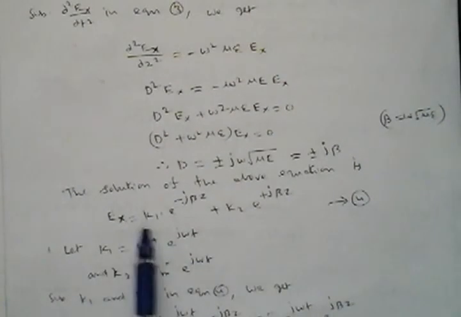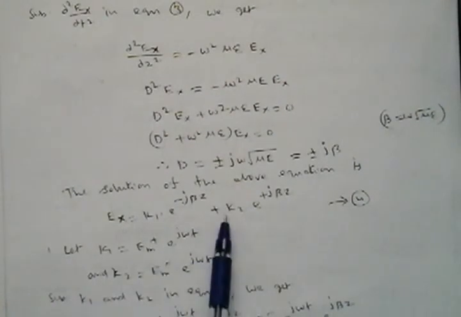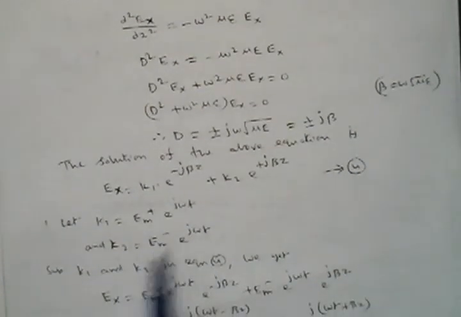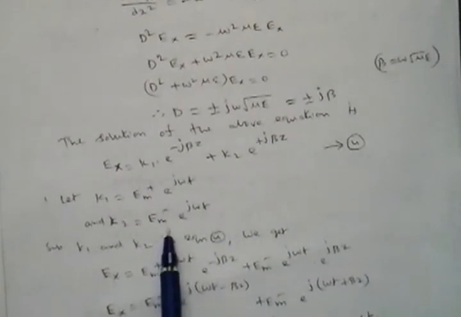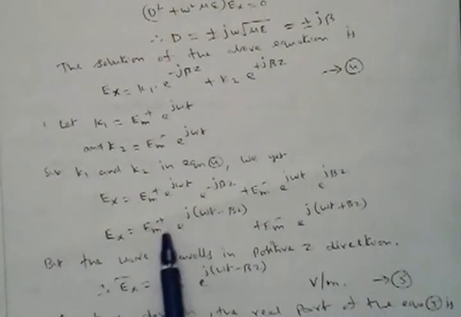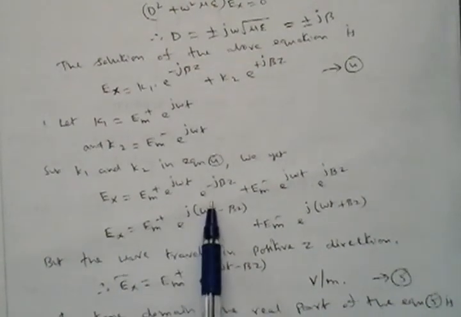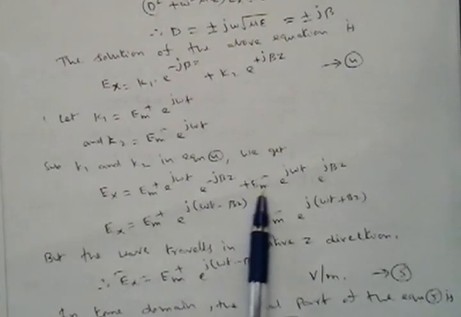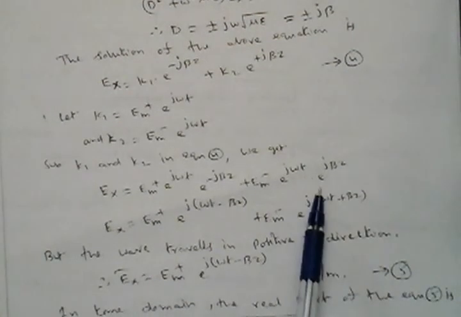Then the solution of the above equation is Ex equal to k1 e power minus j beta z plus k2 e power plus j beta z. K1, as in the previous case, is Em plus e power j omega t, and k2 is Em minus e power j omega t. Substitute k1 and k2 in the equation. Finally we get Ex equal to Em plus e power j omega t e power minus j beta z plus Em minus e power j omega t e power plus j beta z.